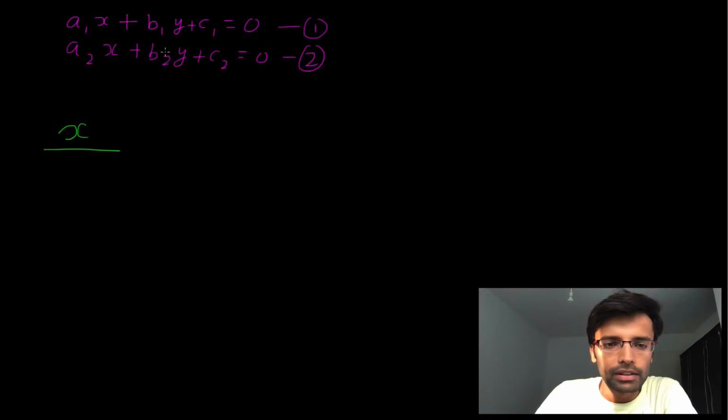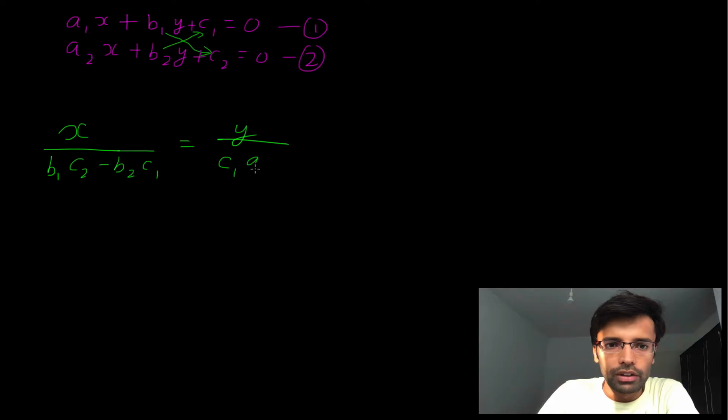c2 minus b2 c1. So you multiply this and then you subtract this: b1 c2 minus b2 c1. Okay, similarly for y, you take the next coefficients: c1 a2 minus c2 a1.